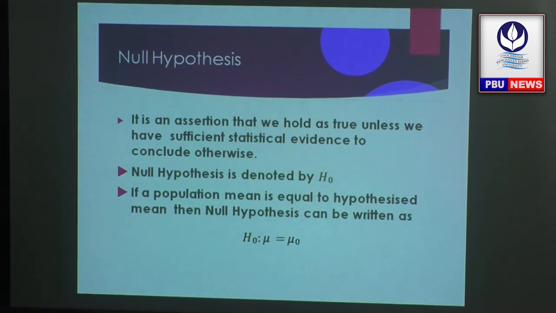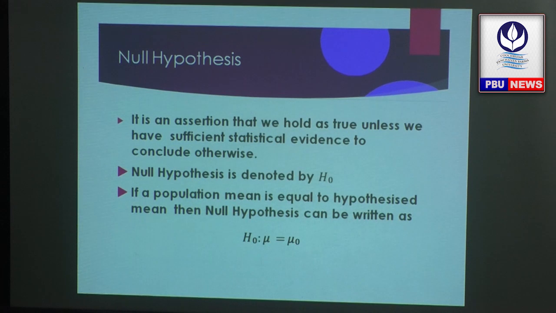Now come to the point. This is the main point. What is the null hypothesis? Basically, the null hypothesis is an assertion that we hold as true unless we have sufficient statistical evidence to conclude otherwise.